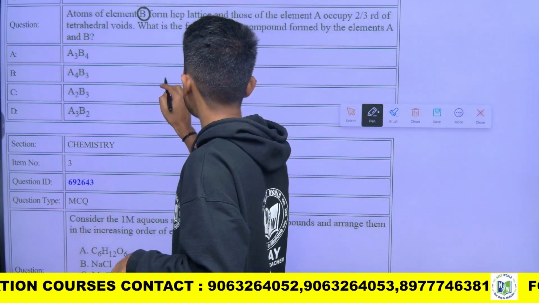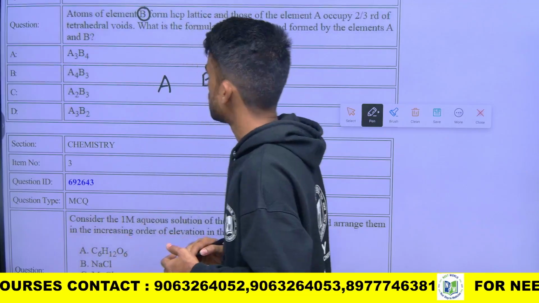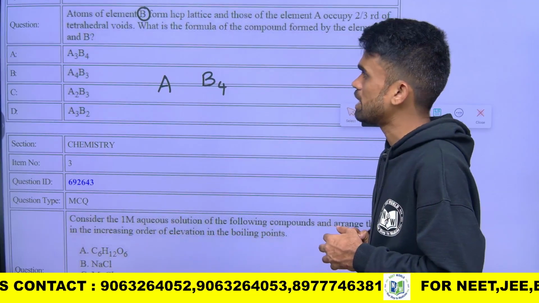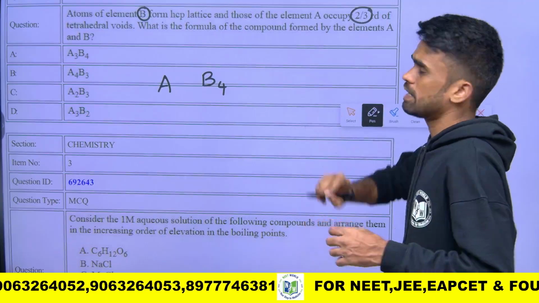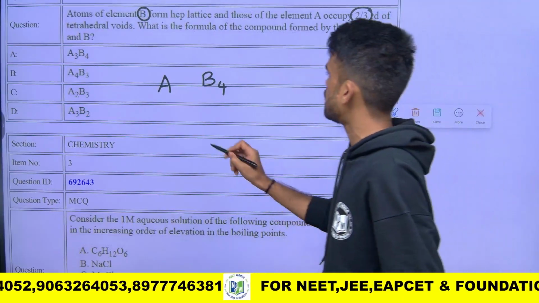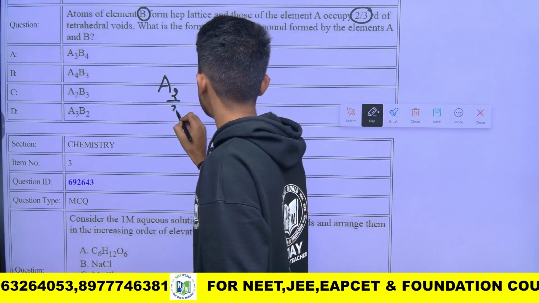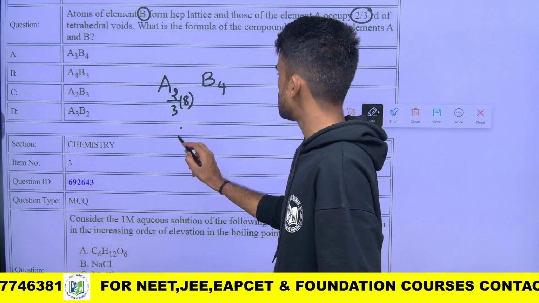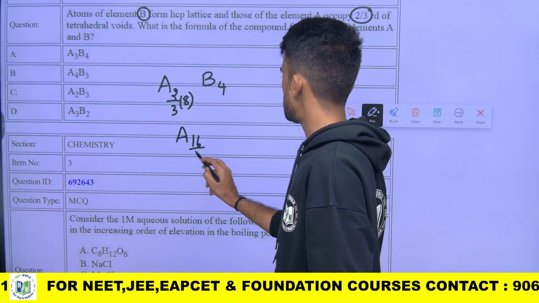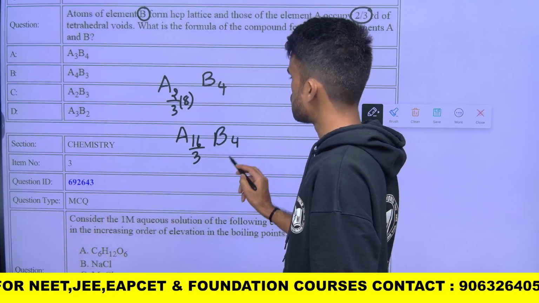I think you know about the structure and all, so I am directly explaining it. How many tetrahedral voids are there? 8 are there. In those 8 tetrahedral voids, 2/3 is occupied. So 2/3 of 8. Now how can I write this? A16/3 B4. Simple, we can write like this.